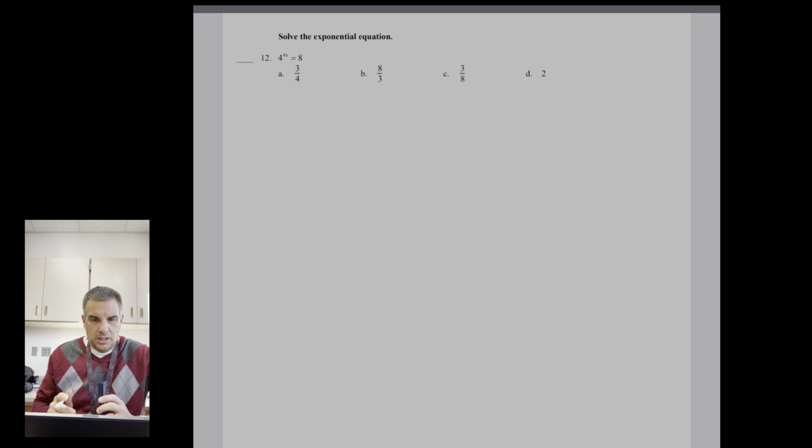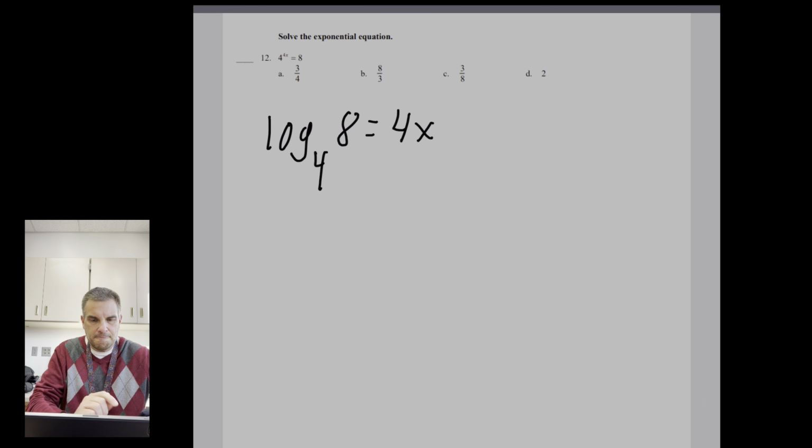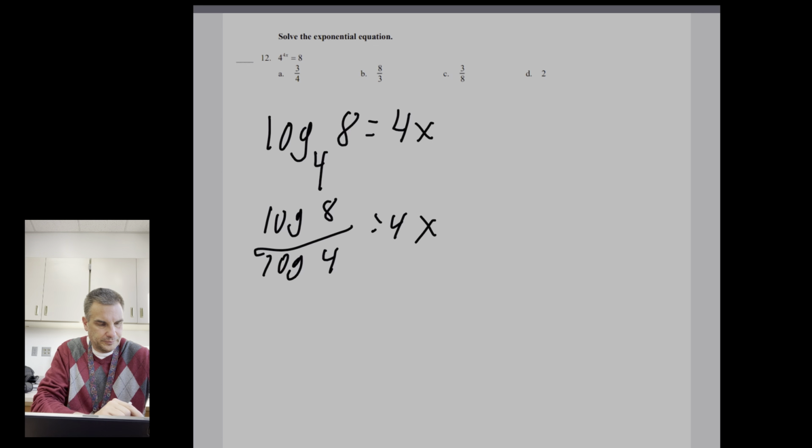Cruising now. Number 12, write as a logarithm, probably. You could write this as a logarithm, or you could give them the same base. You might do them both ways. So let's write it as a logarithm first: log base 4 of 8 equals 4x. So that's the log of 8 divided by the log of 4 equals 4x.